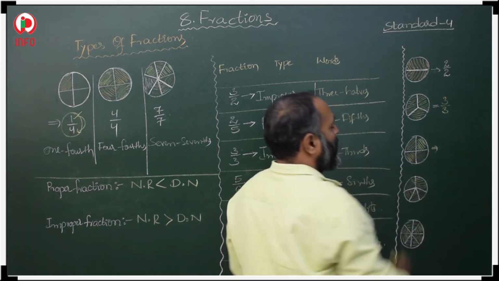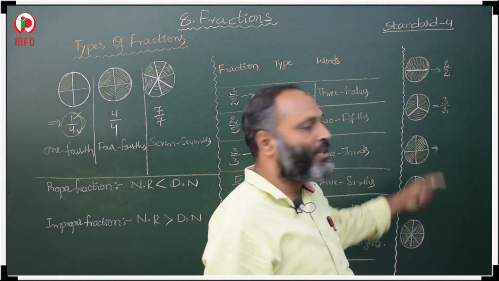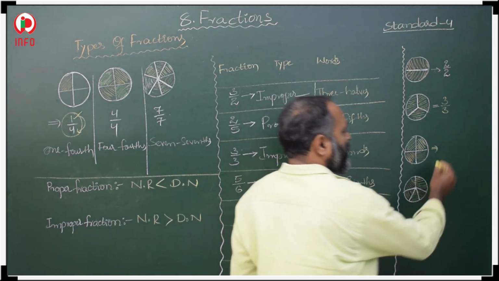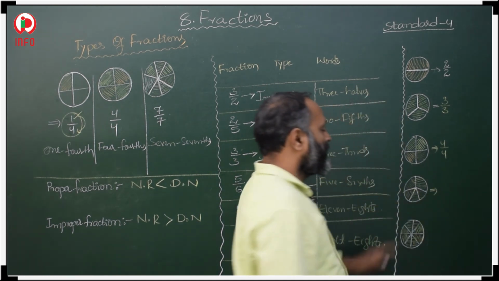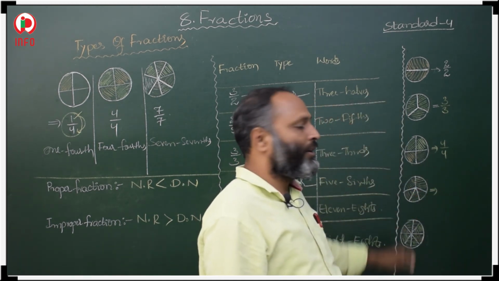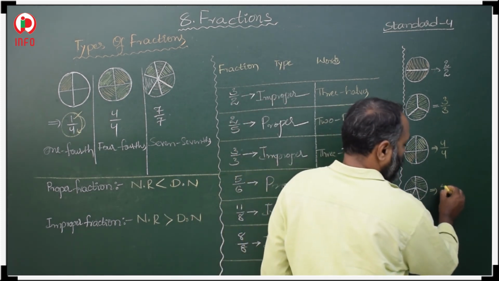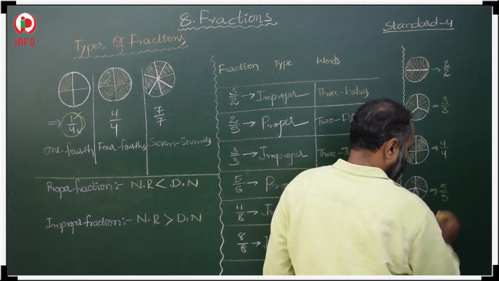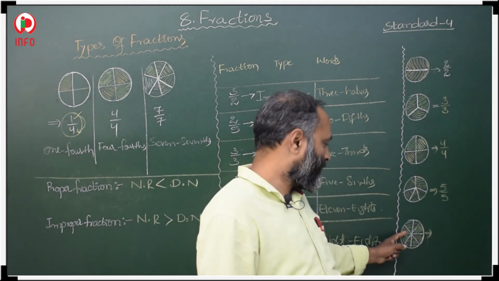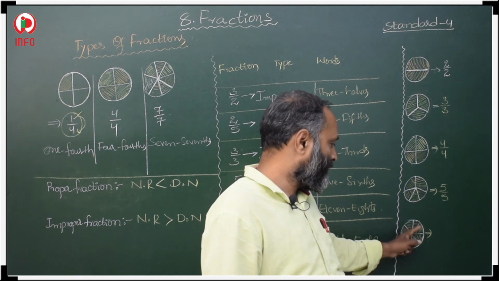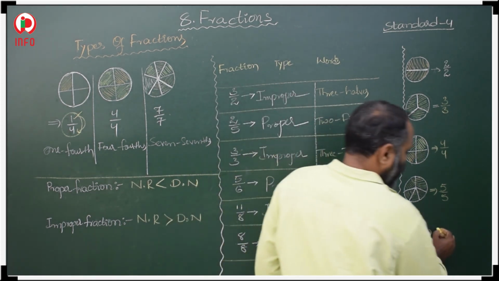Here we divided into 4 parts, all 4 parts shaded, then 4/4. Then here 1 2 3 4 5, divided into 5 parts, all 5 parts shaded, that is 5/5. Then here we divided this circle into 6 parts, wait, 1 2 3 4 5 6 7 8 parts, then 8/8.